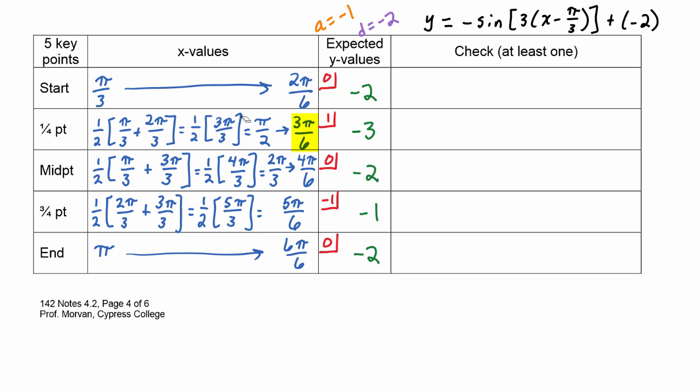We're going to have to get a common denominator here, so maybe I'll go ahead and use the 3 pi over 6. So we're going to have negative sine of 3 times 3 pi over 6 minus pi over 3, but I'm going to write that as 2 pi over 6. And then plus a negative 2.